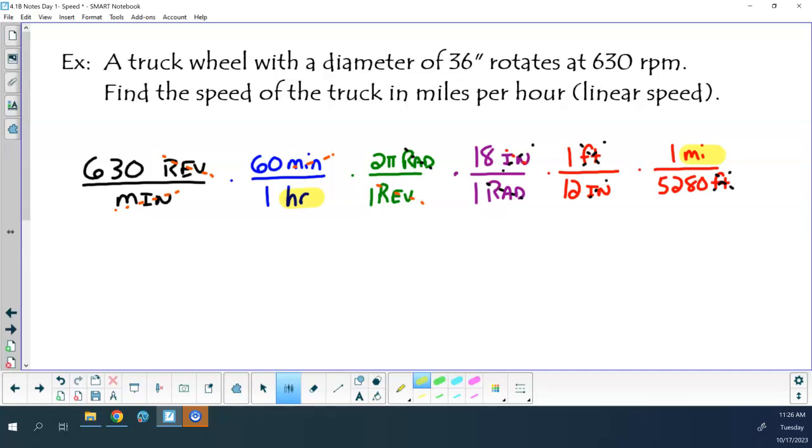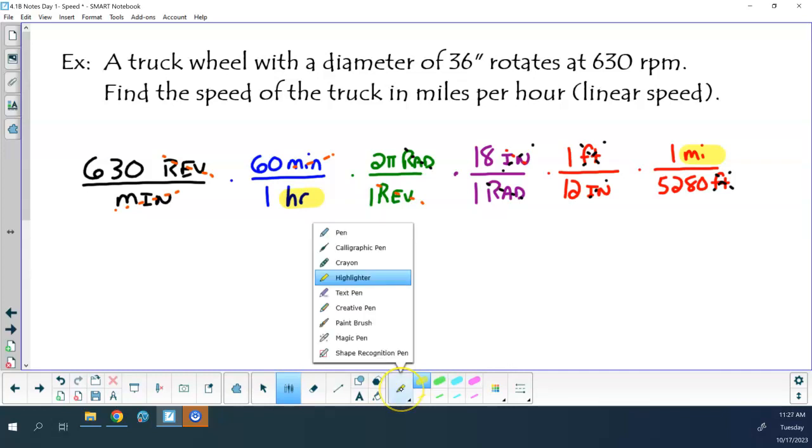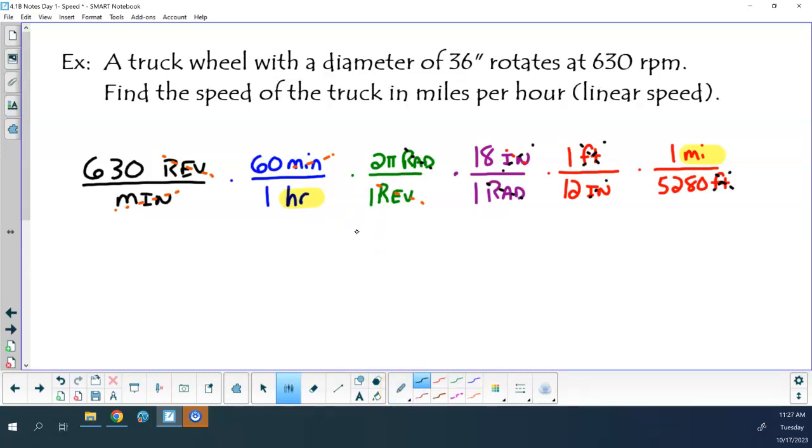So on top, we have 630 times 60 times 2 pi times 18. On the bottom, we have 12 times 5,280.